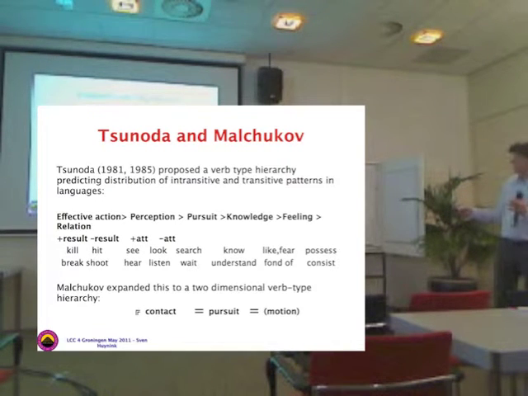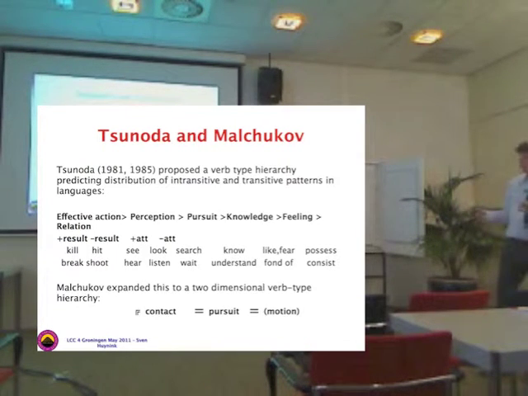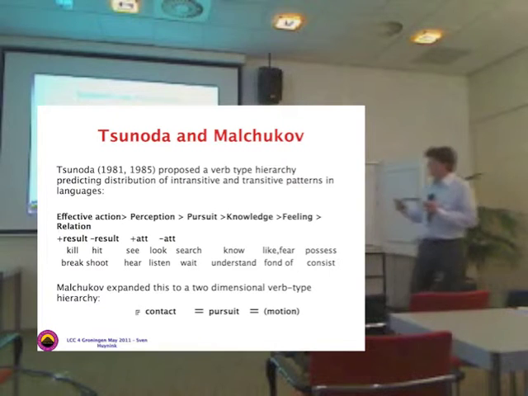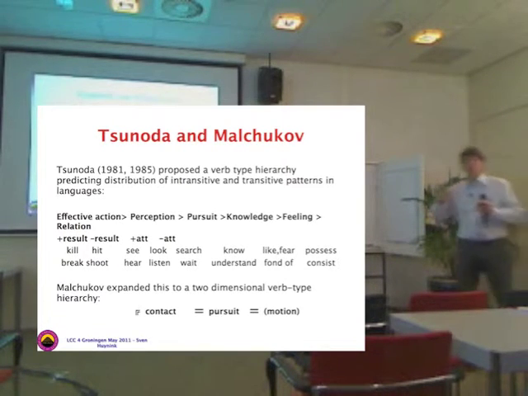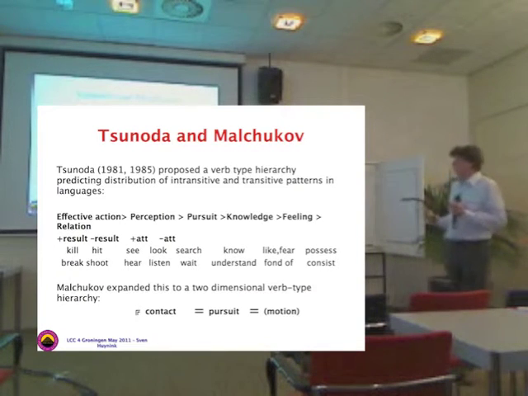The effective action, which might have a result or might not have a definite result. To kill, to break, then you really have an effective action, whether you intend it or not. And when you just hit or shoot, you don't know whether it's effective, but at least an action.